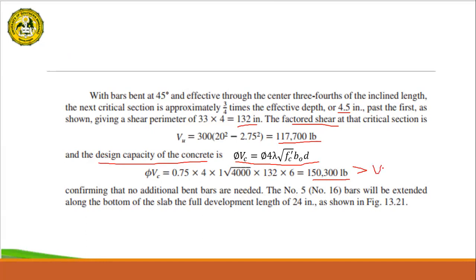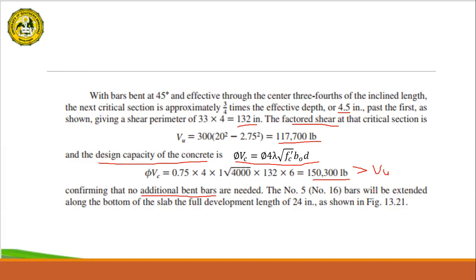So that means there is no need for additional bent bars, because our design shear strength is greater than the factored shear. So we don't need another or additional bent bars.